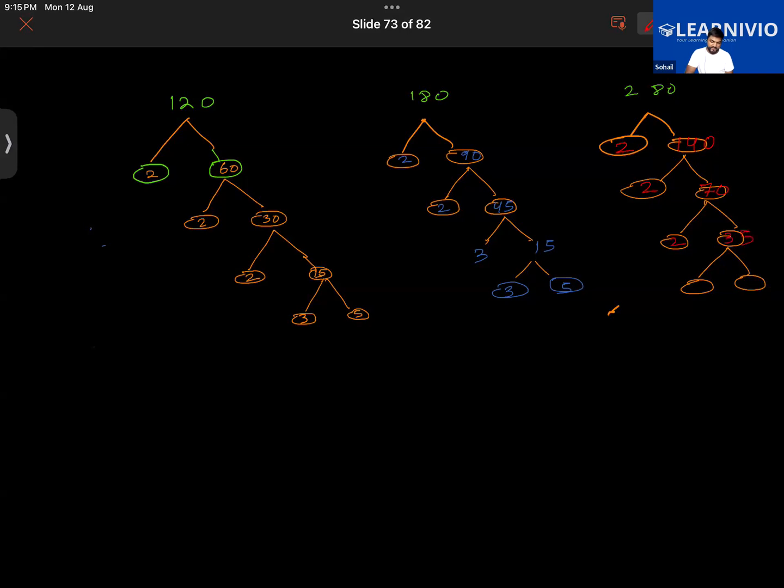Okay. Then 35 will be? In terms of its prime factors, how will you write it? 7 5s or 5 7s are 35.